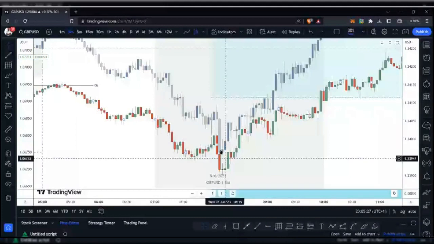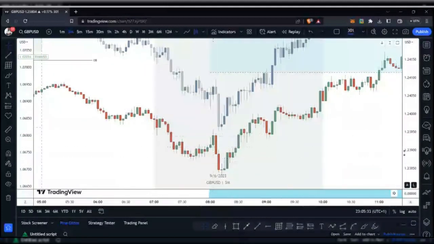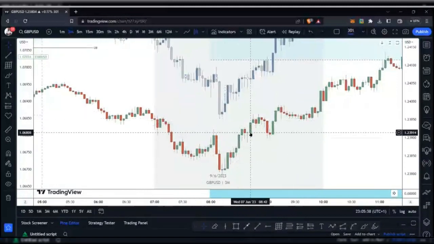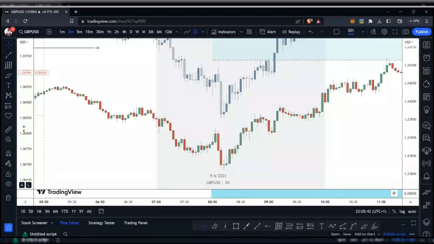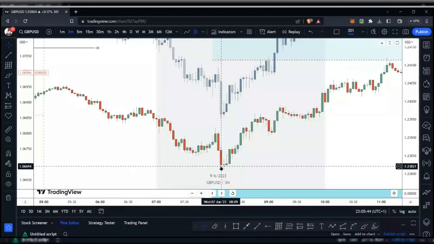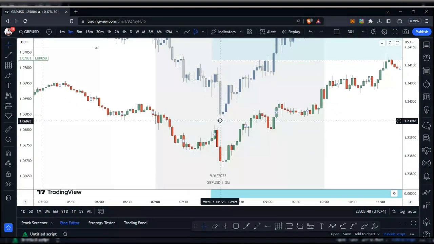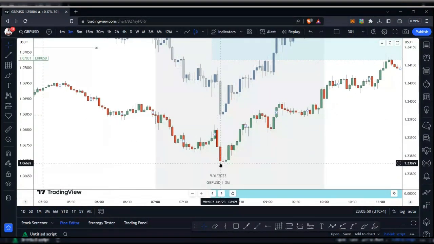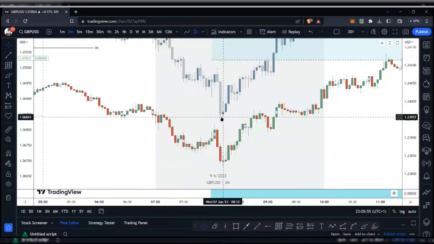I'm not sure. Well, there was actually, but it's not an SMT that you will really see spot on. If you look at this low and this low, you can see that this candle swept this low, while this one did not. So you can see your SMT there.